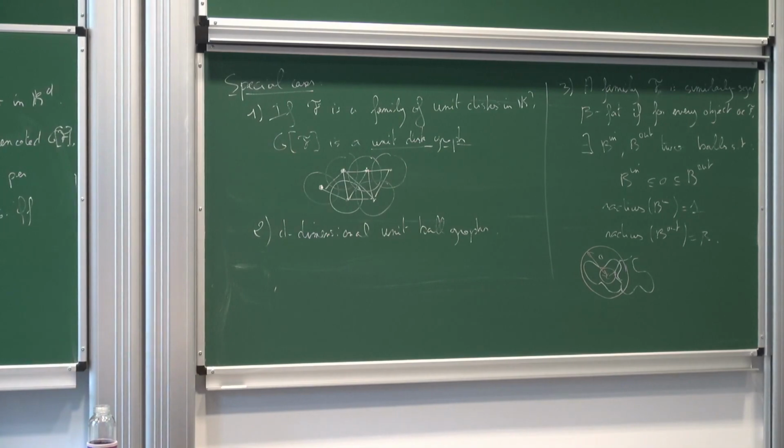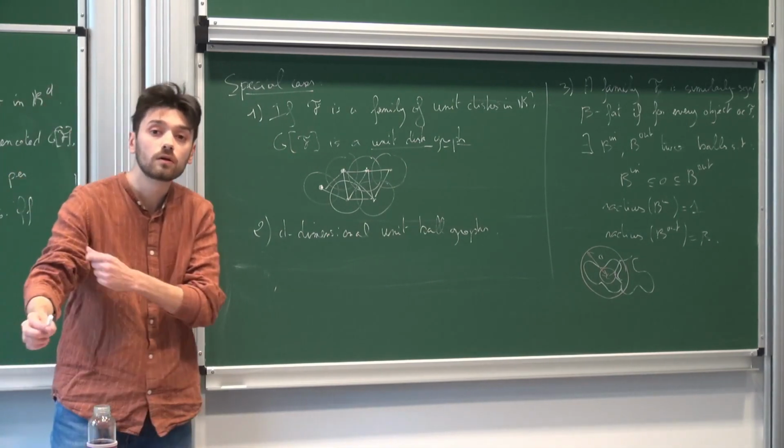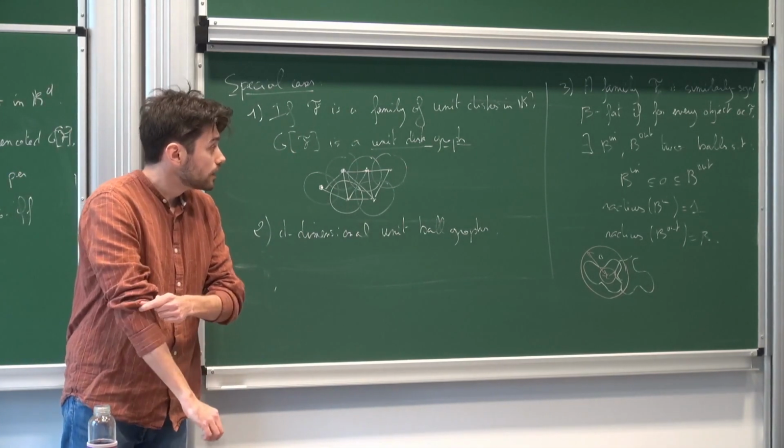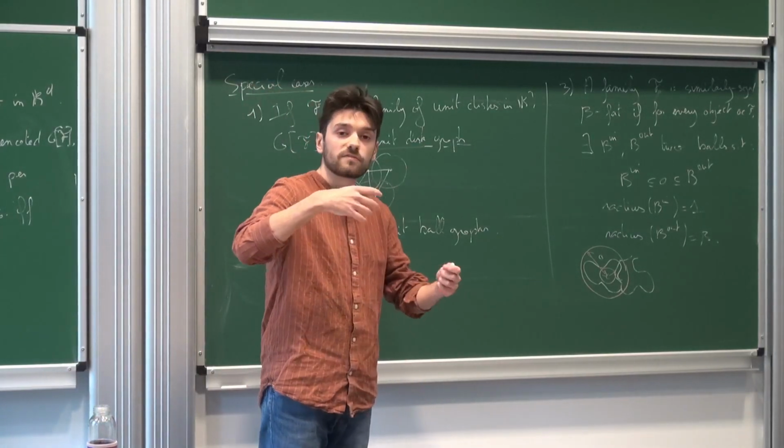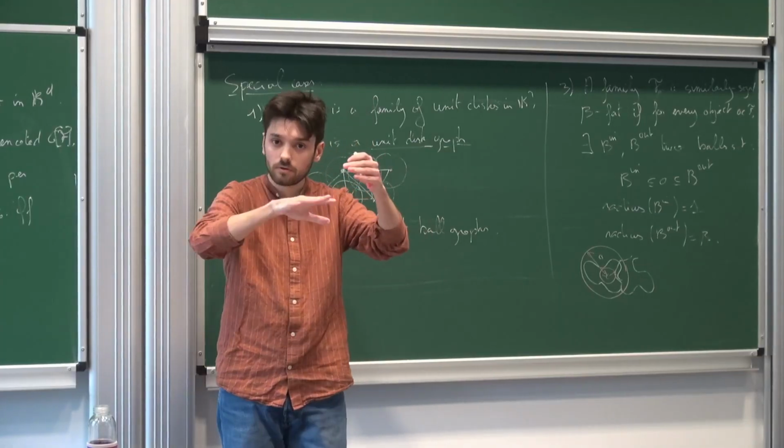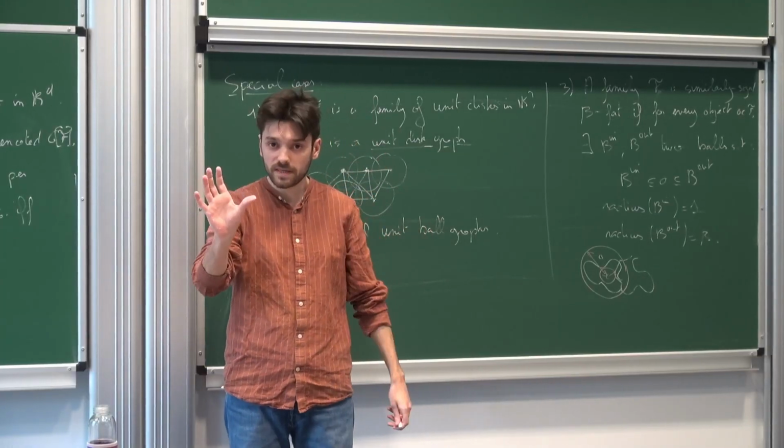So for these radii, B_in is 1? Yeah. If you take just fat objects, you just want the ratio between the two balls to be at most beta.